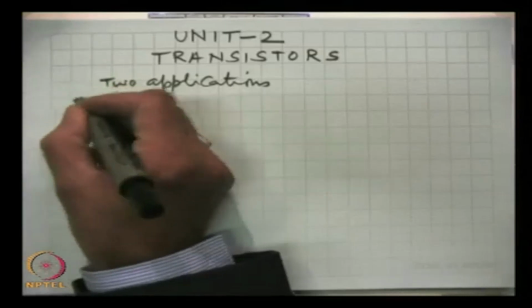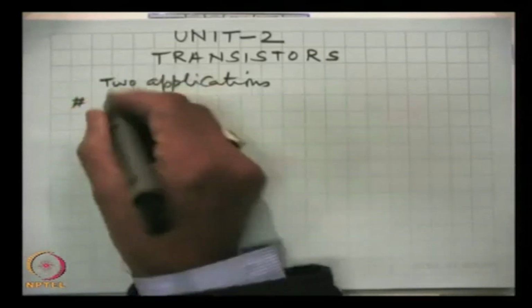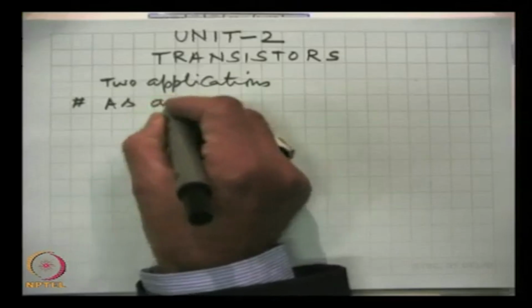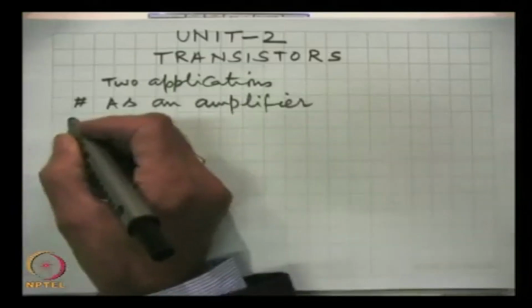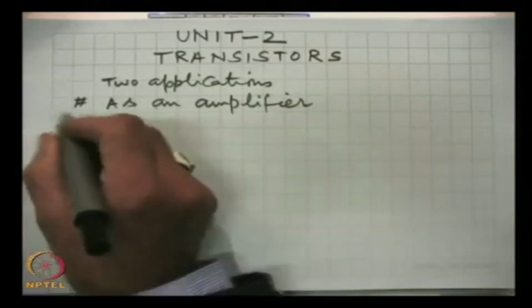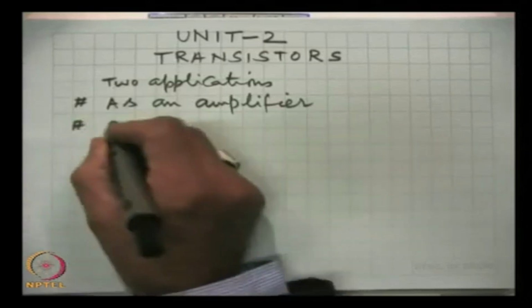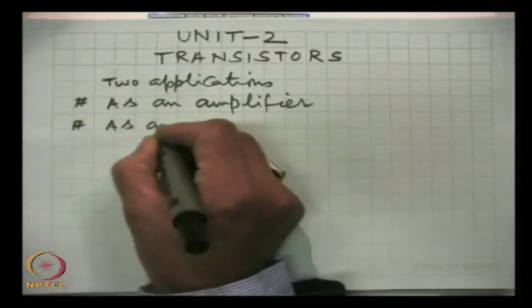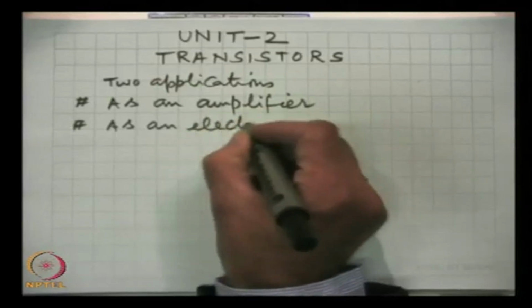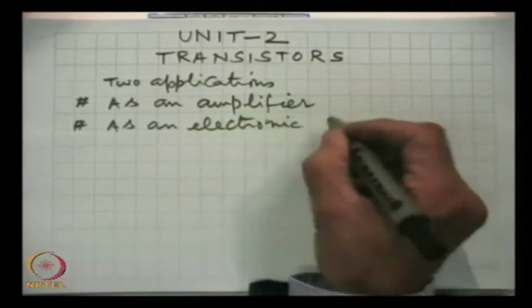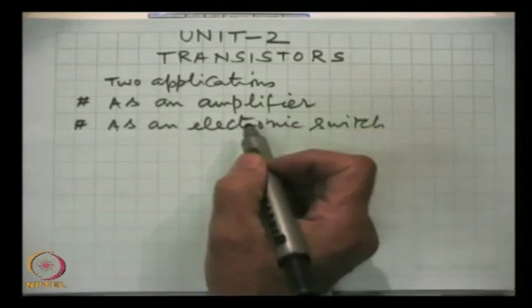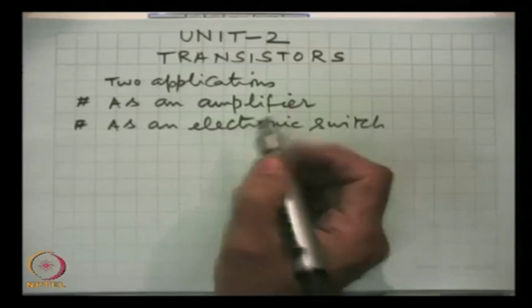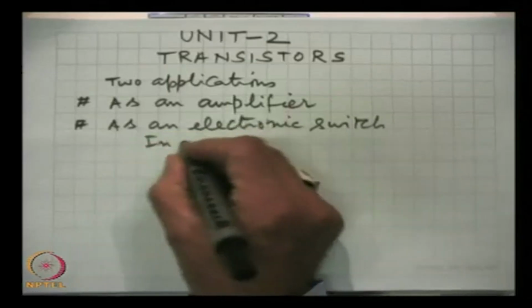The first one is as an amplifier, and the second major use for transistors is as an electronic switch. As a switch, basically a transistor is used in digital electronics.